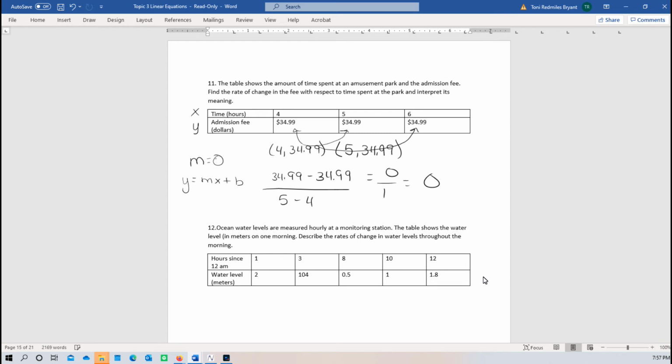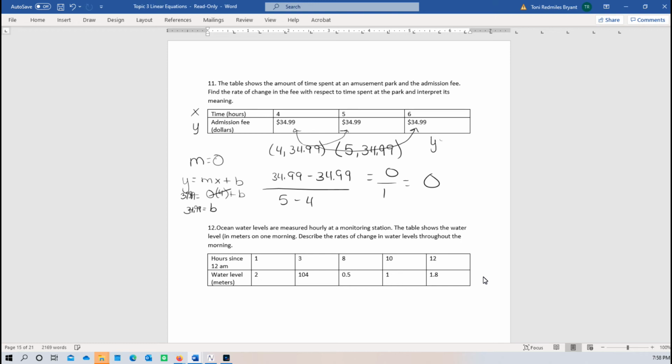Okay, so I have my m, it's 0. It doesn't really matter what x is going to be. I'm going to use that first point though to illustrate my point. That's going to be 0 and b is going to equal 34.99. No matter what I put in for x, I'm going to get a 0. It's going to be 0.